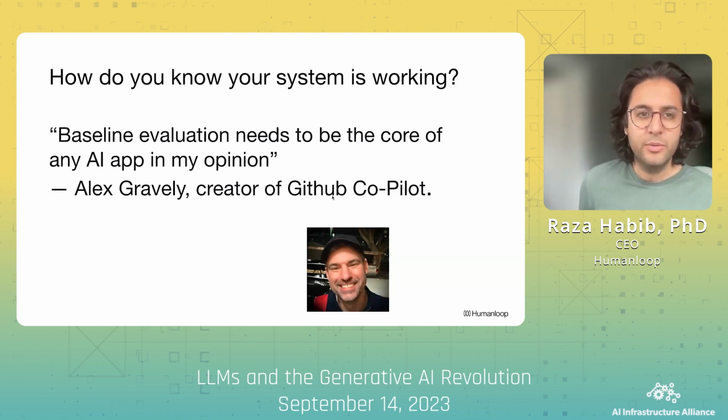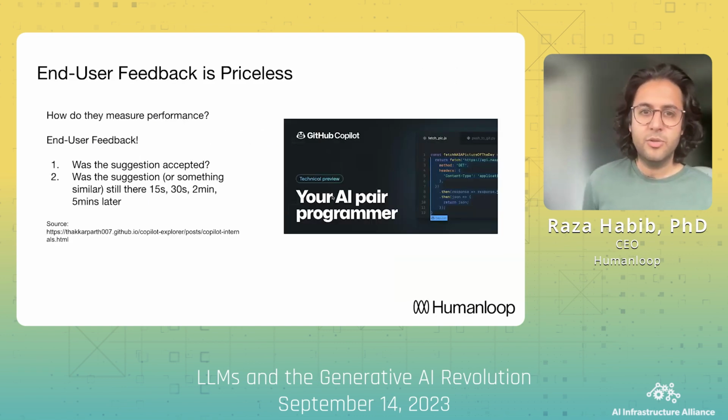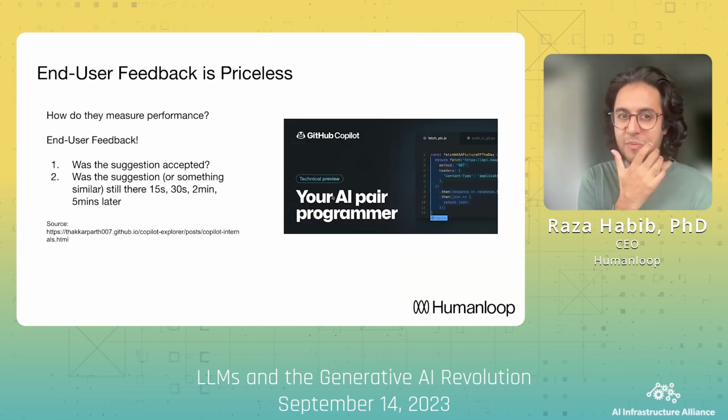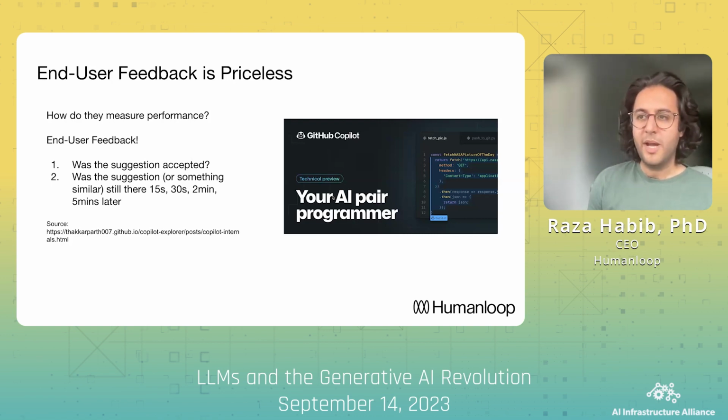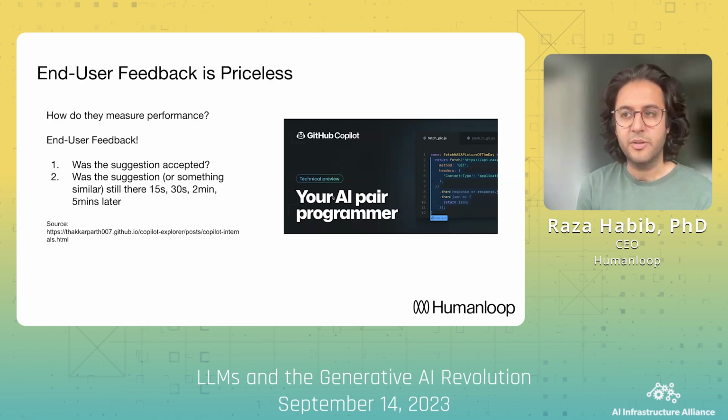Okay, so how do the best apps that do evaluation well do it? Well, there's really two ways, and I think the first and most valuable one is end user feedback. Because things are subjective, end user feedback is the gold standard on whether or not things have worked well. In the case of GitHub Copilot, the way they measure performance is they look at the acceptance rate of suggestions from the model, but they do something a little more sophisticated than that.